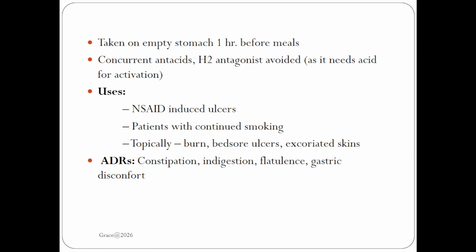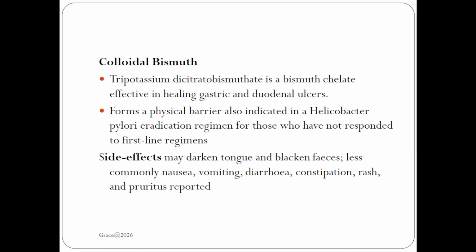What are some of the adverse drug reactions that we may expect or that may arise as a result of use of this specific class of drug? We see that there is constipation, indigestion, flatulence, gastric discomfort may be another one. We have what we call colloidal bismuth as another medication that you may use, and it is majorly indicated for Helicobacter pylori eradication.